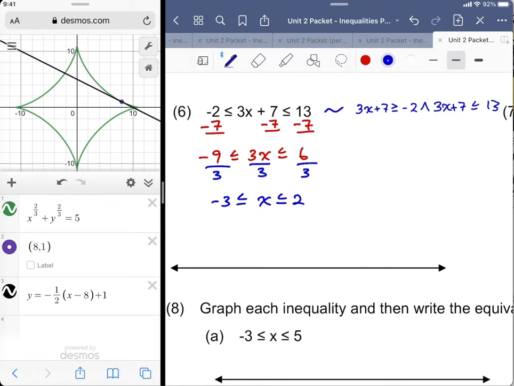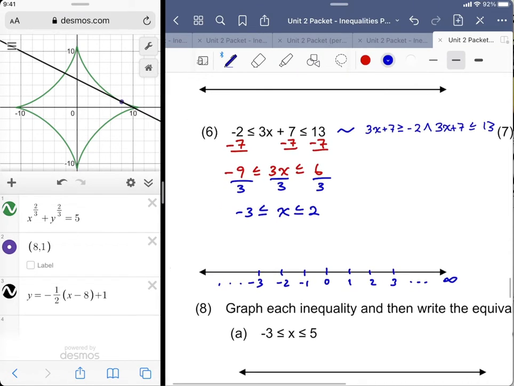And so from there, I could graph it. 1, 2, 3, skip a few, infinity. 1, 2, 3 in the negative direction, skip a few, negative infinity. Close circles on the -3 and the +2. Shade in between. Got a nice looking graph.